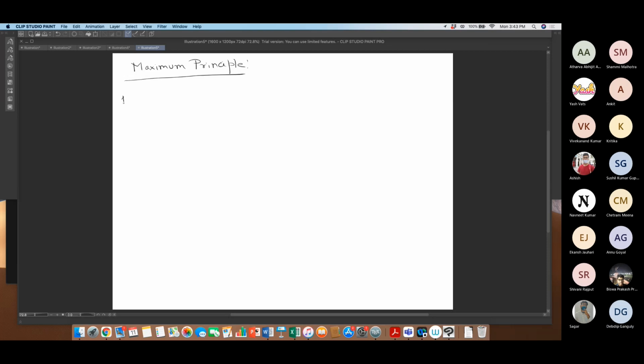There are two theorems. Let omega be a connected open set, not necessarily bounded. Any connected open set in Rn.